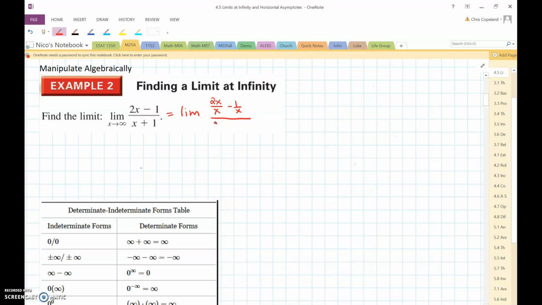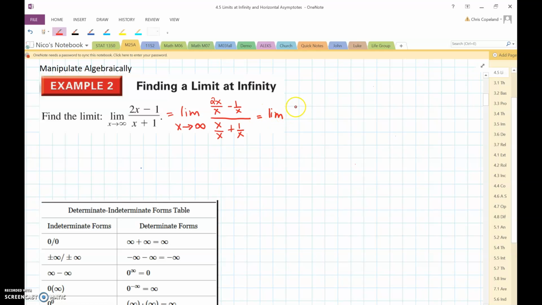If I divide every single one of these terms by x, that's essentially the same thing as multiplying through by x. And then I'm going to reduce the function.